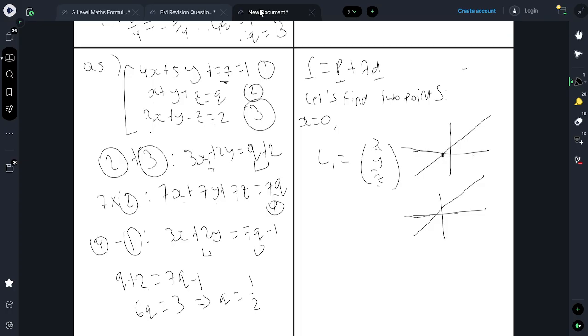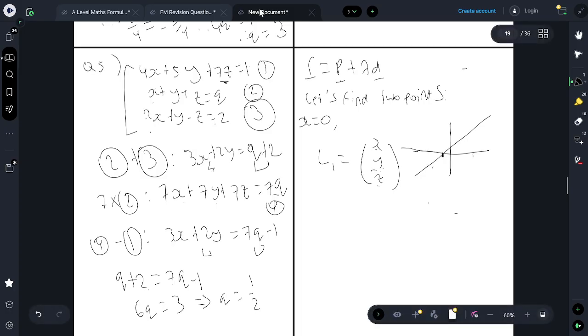So for any x value, there will be a corresponding y value. Every x value will have a corresponding y and z value on the line. Likewise with any y value, it will have an x and z. So essentially, if we just plug in one particular value of x, y, or z, we can find the missing values that will be on the line. And we can use these equations here to find that.